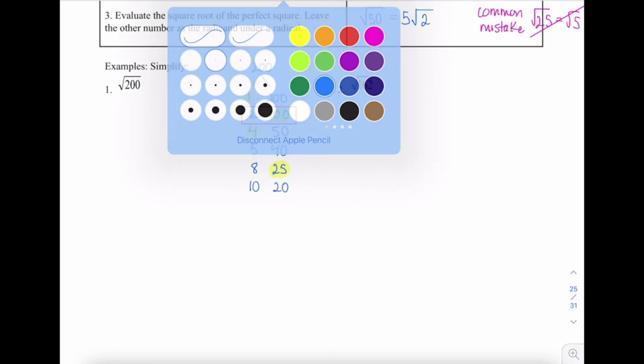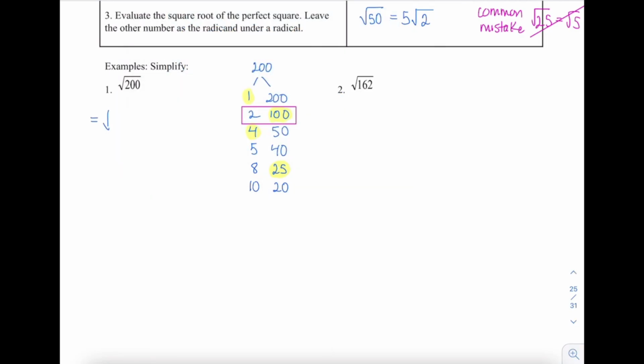Okay, so I'm going to rewrite root 200 as root 2 times root 100, sorry. But now what I want to advise you guys to do is I'm going to flip these around because I always want the perfect square to go first.